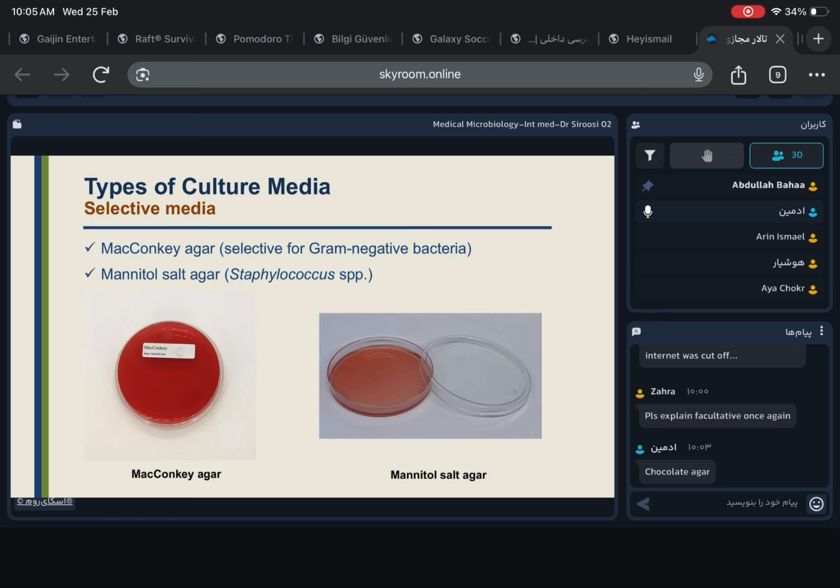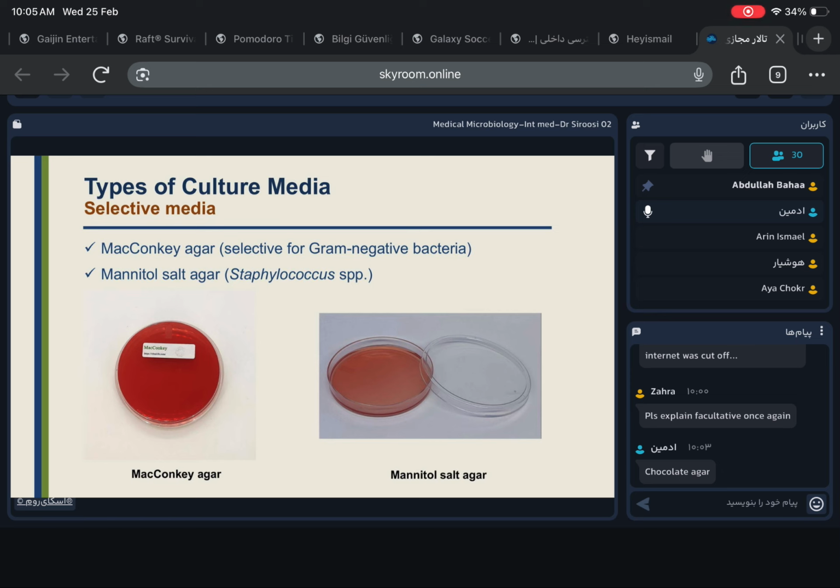It's a selective culture medium. There are some inhibitors inside this type of culture medium which inhibit the growth of gram-positive bacteria. So it allows gram-negative bacteria to grow on this type of culture medium. So MacConkey agar is a type of selective culture medium, it allows only gram-negative bacteria to grow. It inhibits the growth of gram-positive bacteria.